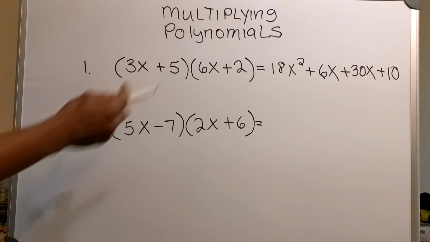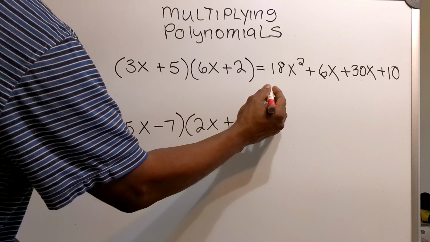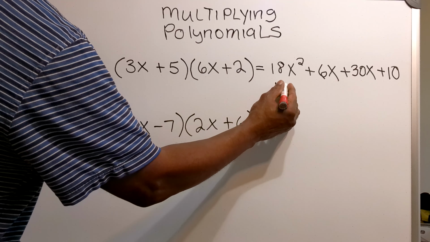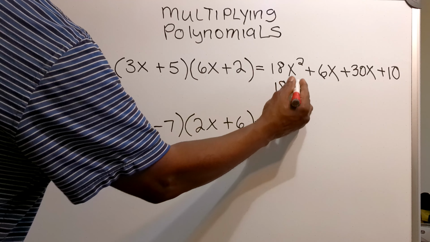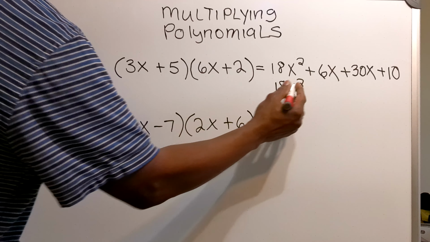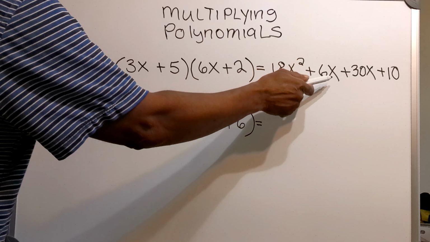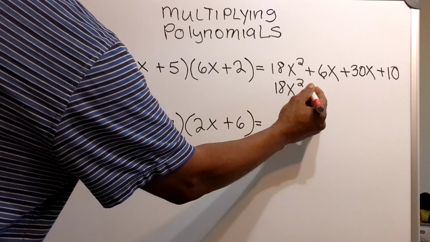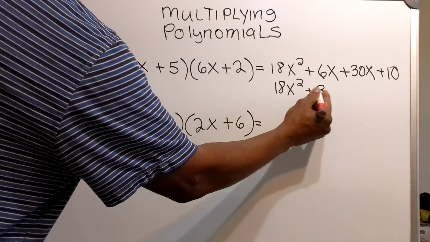From there, we simplify. So this will be 18x squared, and then you add 6x and 30x, that will give you 36x.